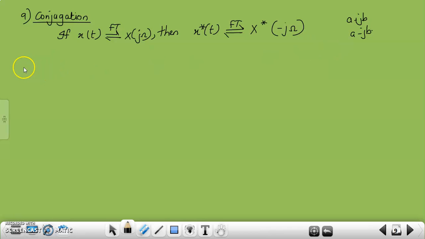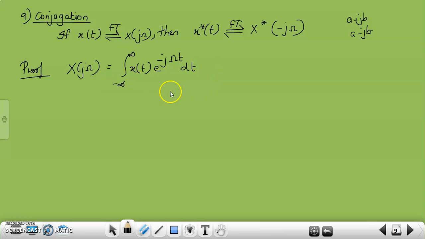So we can prove this. The proof starts from the analysis equation again. Take the equation corresponding to x of j omega, that is equal to integral minus infinity to infinity x of t e raised to minus j omega t dt.